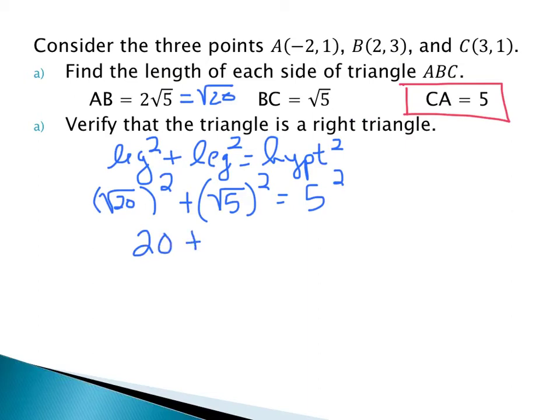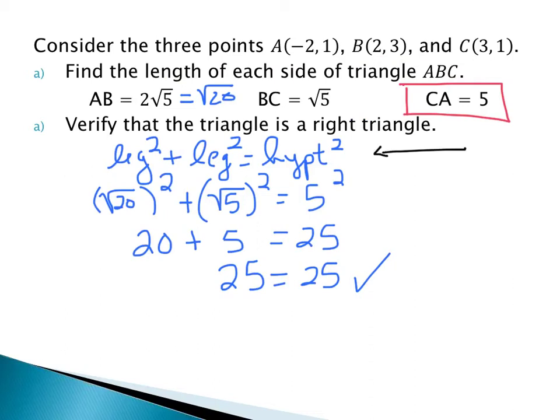Root 5 times root 5 is 5. And is that equal to 5 squared, 25? Well, we get 25 equals 25, and we have just used the Pythagorean theorem here to show that, yes, this is a right triangle.